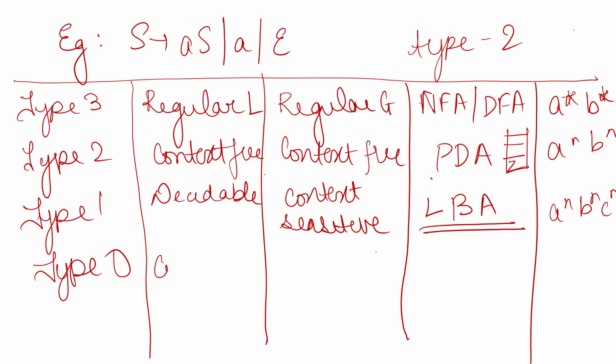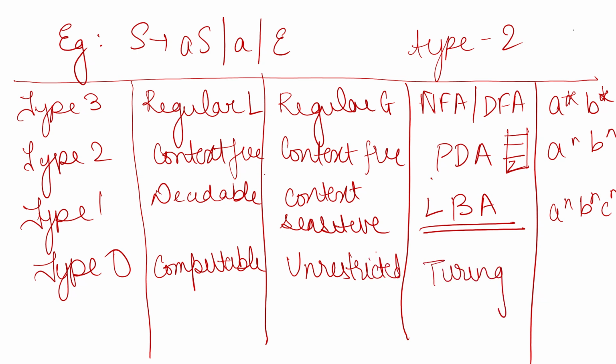Then type 0 is known as recursively enumerable language. It is unrestricted grammar and is used in the Turing machine, which we'll cover later on.